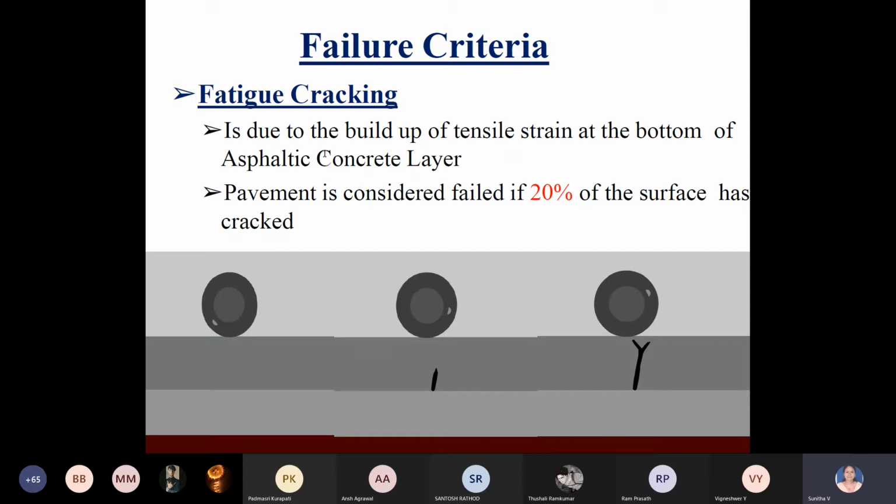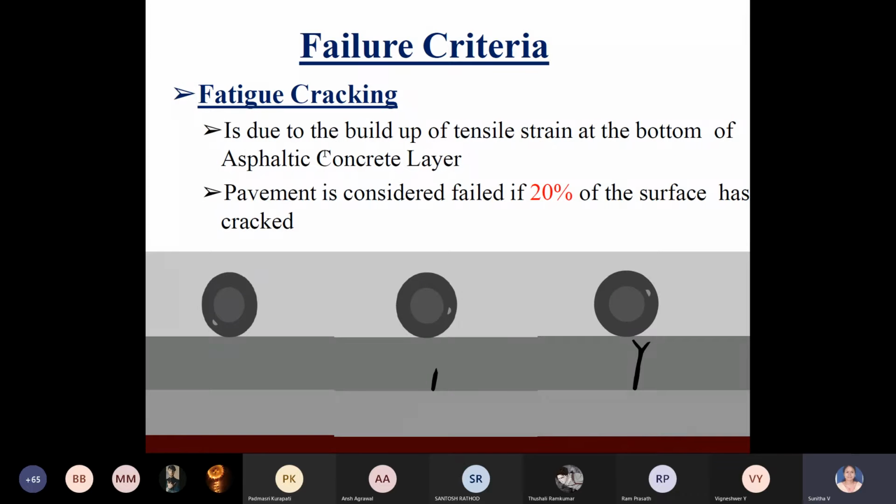Repeated application means even though the load coming is very less, say only 10 or 5 tons, it's not quite heavy. But this 5 tons, if it is applied 10 times, there might not be any damage.